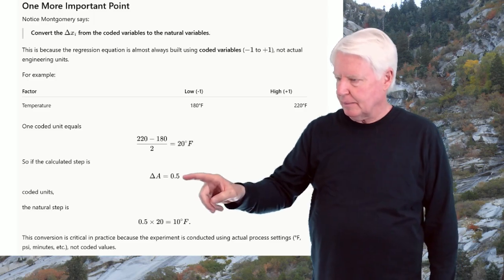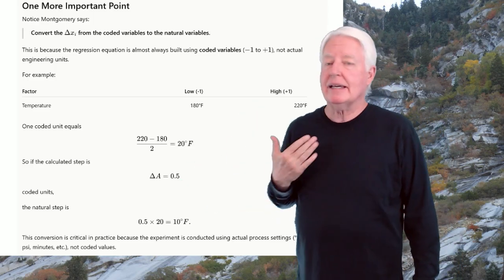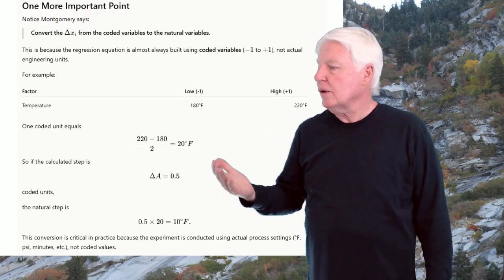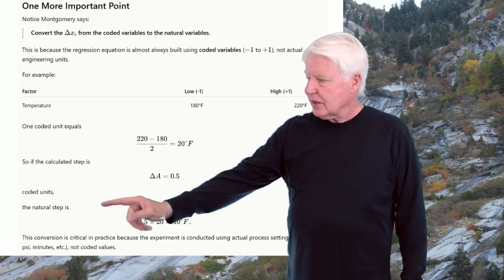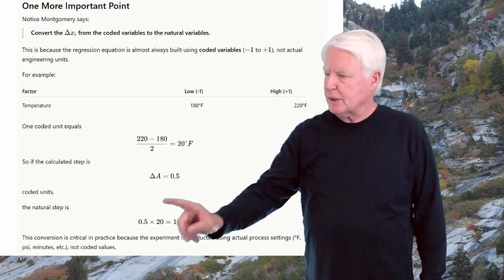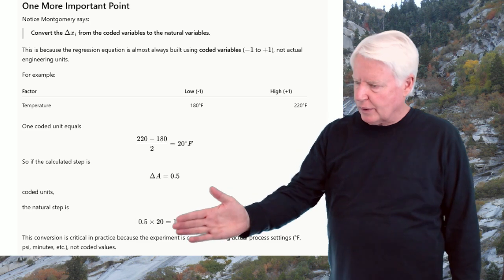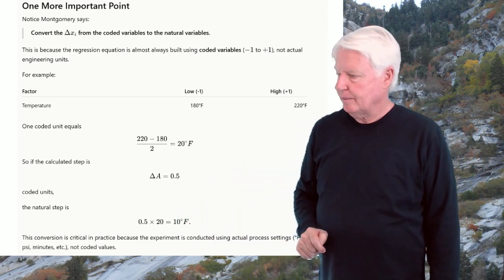Again, it's just something I decided to do as a designer, and using my engineering knowledge, it seems like a pretty good way of doing it. So the natural step is, this is the coded data, the natural step is 0.5 times 20, which is 10 degrees. We already calculated that in our head, but I did it on the slide for you.